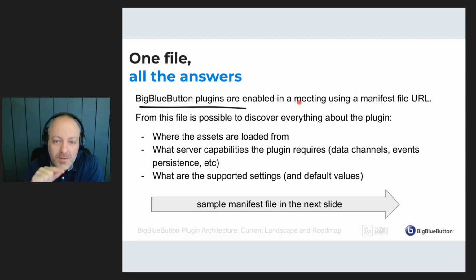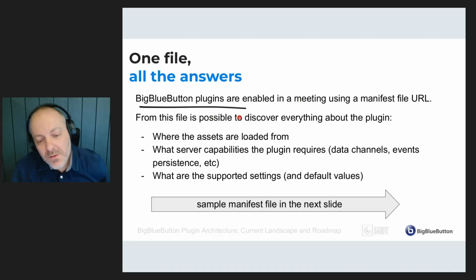But in BigBlueButton, when you specify that you want to load this manifest file, you can specify a checksum. So you ensure that the file you're calling is the same file that you validated when you reviewed the plugin or something like that. From this file, it's possible to discover everything about the plugin.